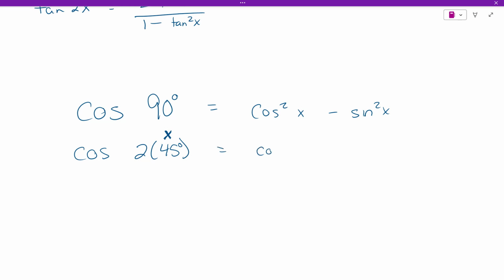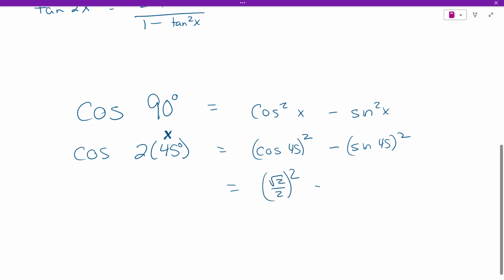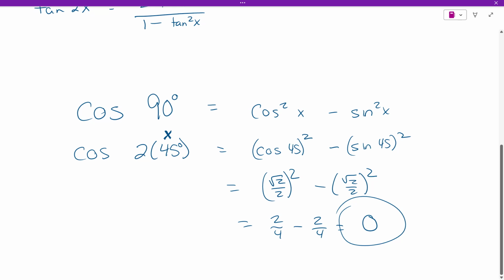So we're going to do cosine of 45 squared minus sine of 45 squared. So it's going to be square root of 2 over 2 squared minus square root of 2 over 2 squared, which is going to be 2/4 minus 2/4, which is 1/2 minus 1/2, which is 0. And 0 is our answer. Like I said, you're going to know all these answers before we ever start.